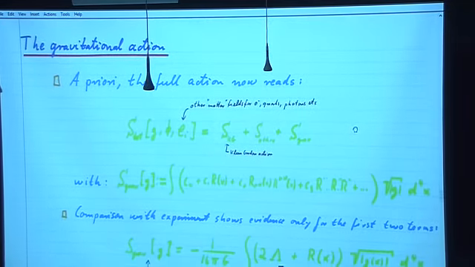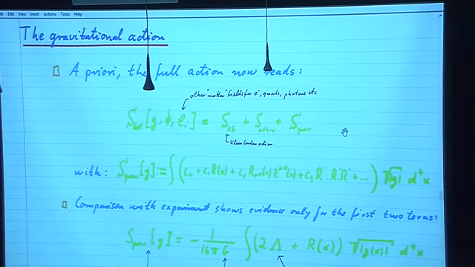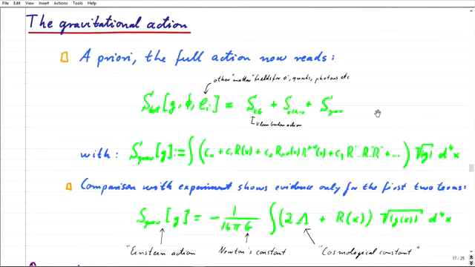So what then could the gravitational action be? Well, a priori, the full action should look like this. The total action of everything in the universe would be an action for the Klein-Gordon field, an action for other fields, and these actions should include the interactions between them, and also an action for gravity.